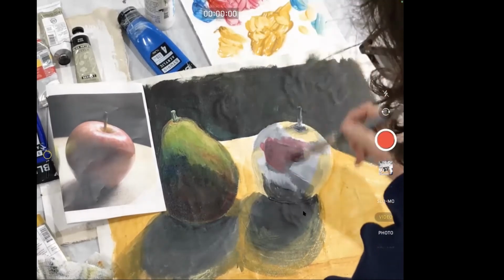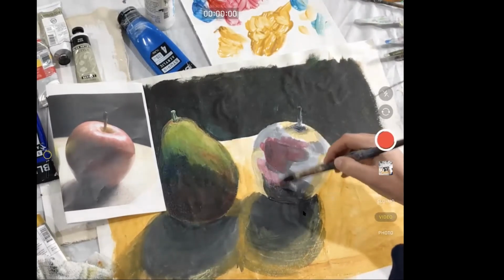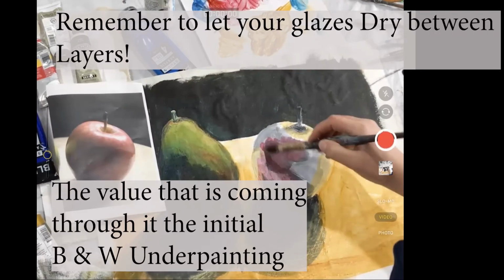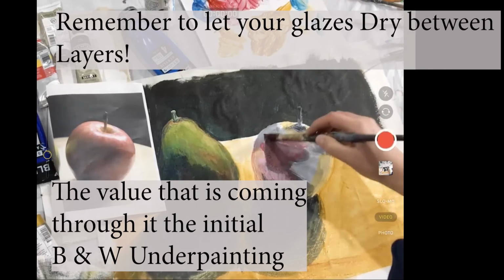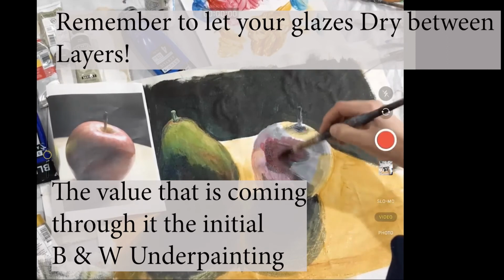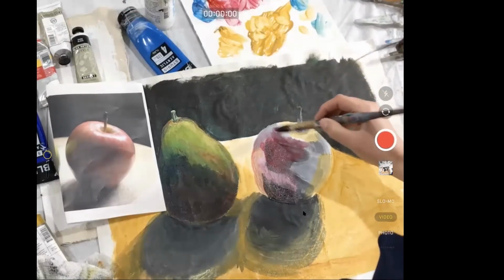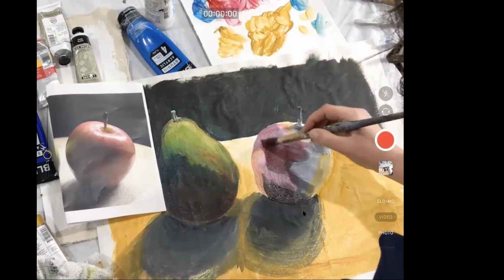I'm going to put it a little more, but you can see that the value of it is still coming through. I'm just going to go ahead and cover this whole thing just so you can see what I mean, how the values of the apple.